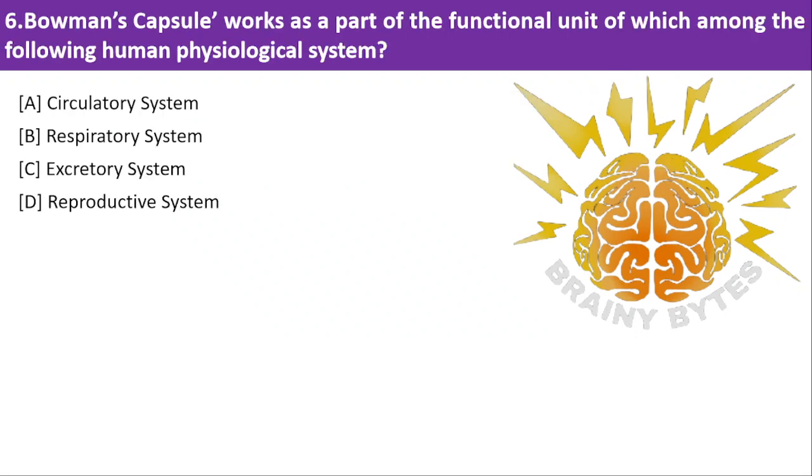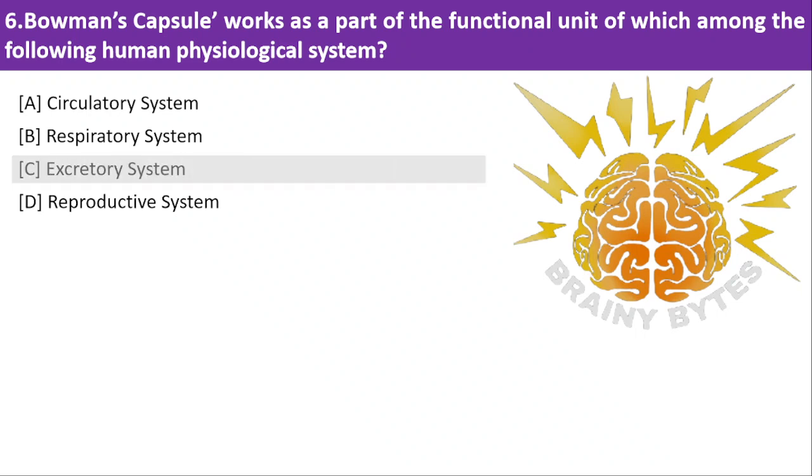Question number 6. Bowman's capsule works as a part of the functional unit of which among the following human physiological systems? Options are A. Circulatory system, B. Respiratory system, C. Excretory system, D. Reproductive system.